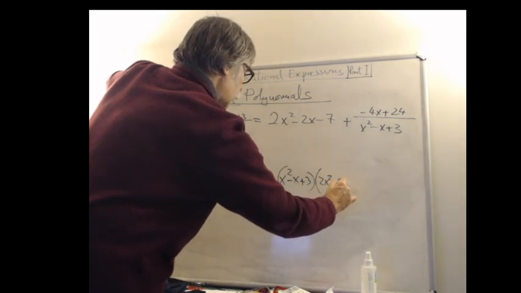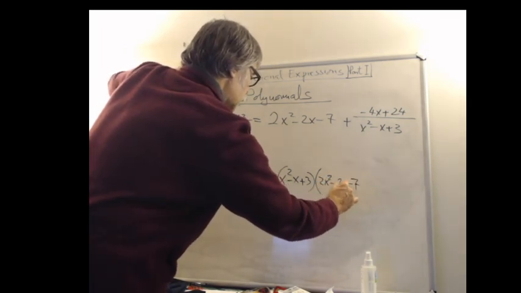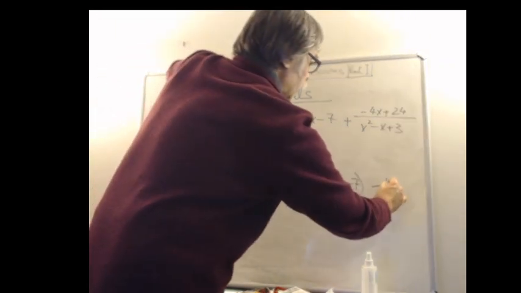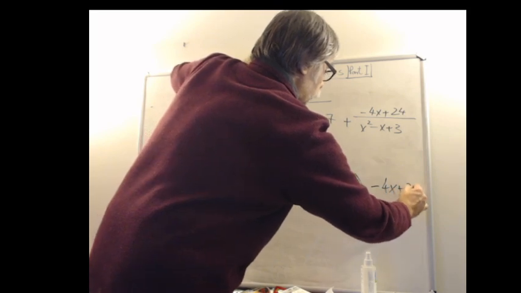You shouldn't forget the square here, right? It's easy to forget stuff. And I cancel this one, so I got negative 4x plus 24.